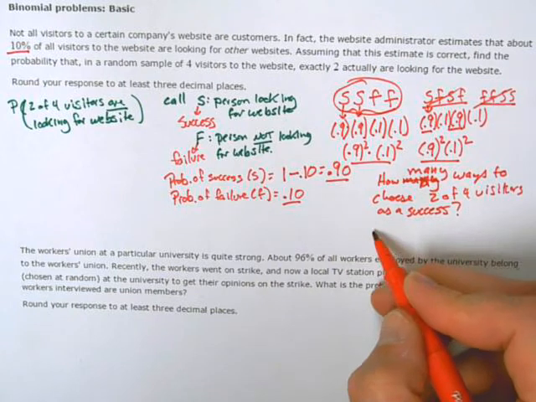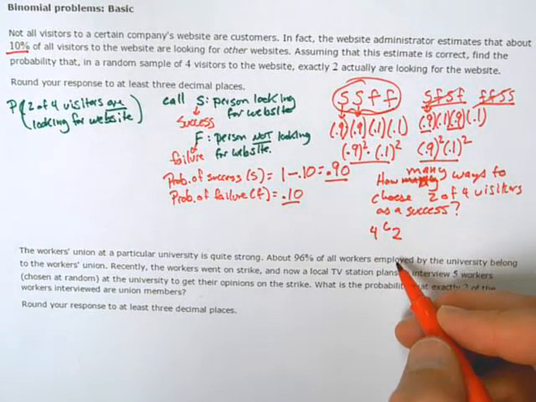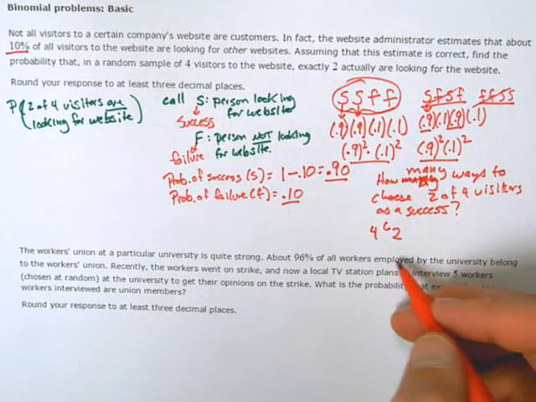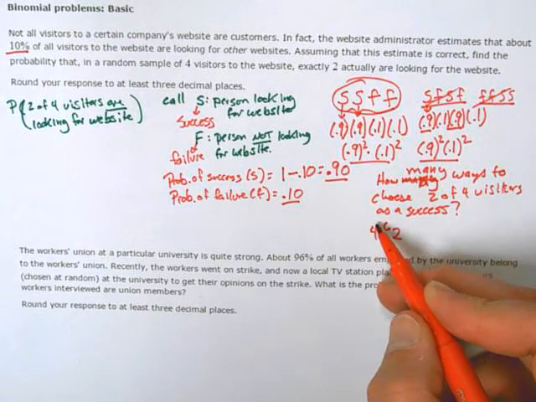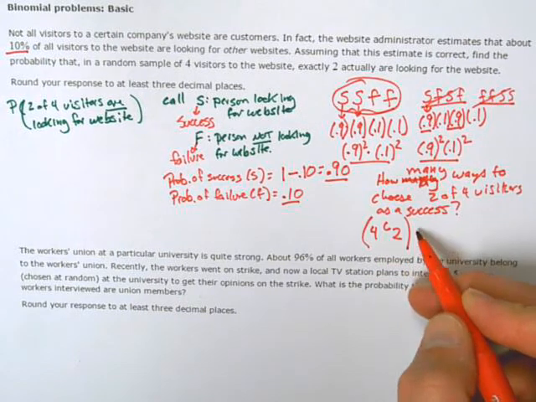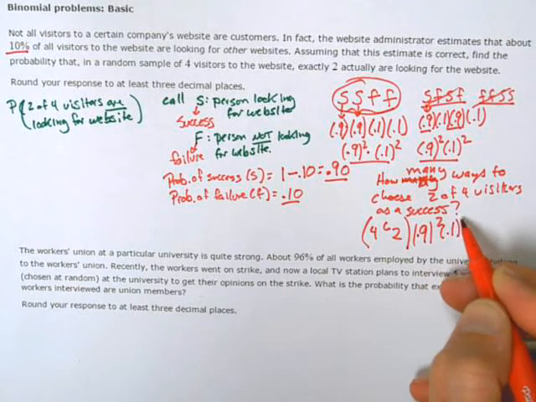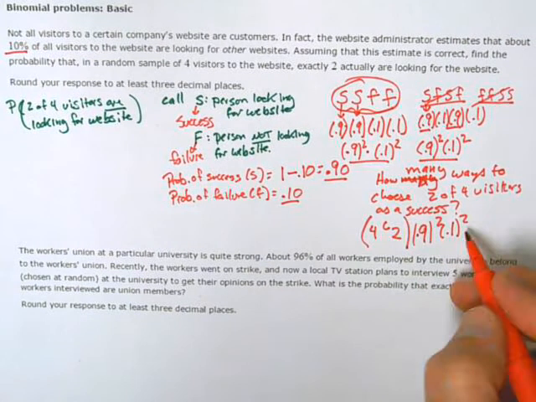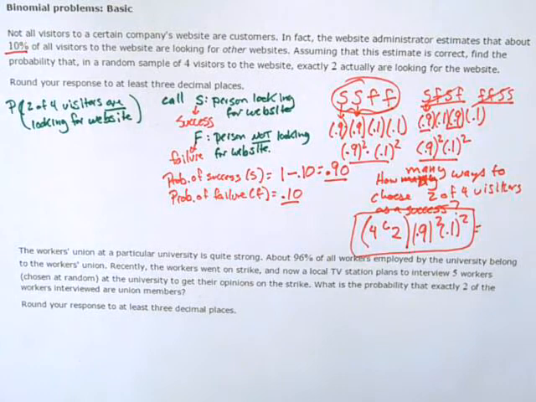Well, that would just be 4 choose 2. If I have 4 objects and I'm choosing 2 of them, that's all the different ways I can select those 2 objects. So there's going to be that many ways of getting 0.9 squared and 0.1 squared options. So this is actually my answer. That's going to be my calculation.